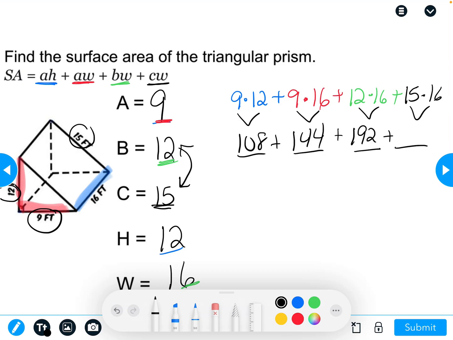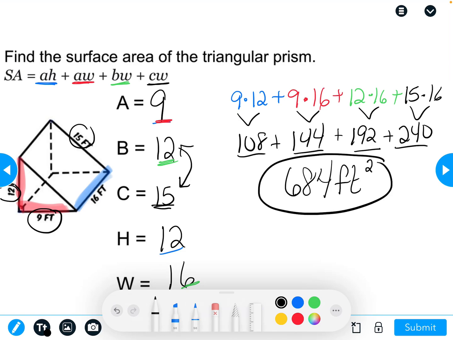And finally, 15 times 16 gives us 240. And all I need to do is add those all together. So 108 plus 144 plus 192 plus 240 gives us a surface area of 684. This is in feet, and remember it's going to be squared because it's surface area.